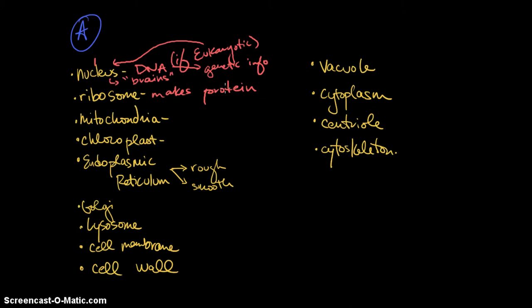The mitochondria, or the mighty mitochondria, if you might remember that from middle school, this is where energy is made, or energy that we can use in the form of ATP, which we'll learn about a little later.